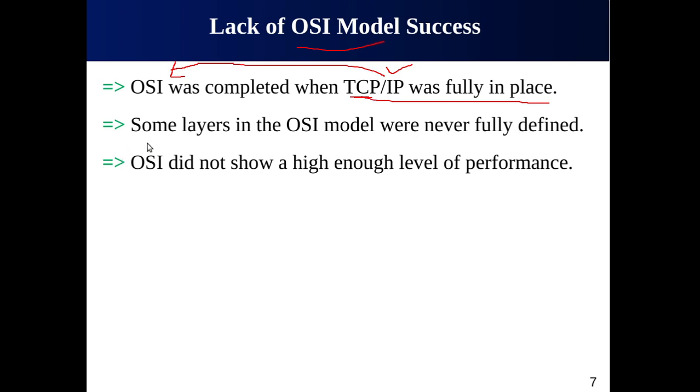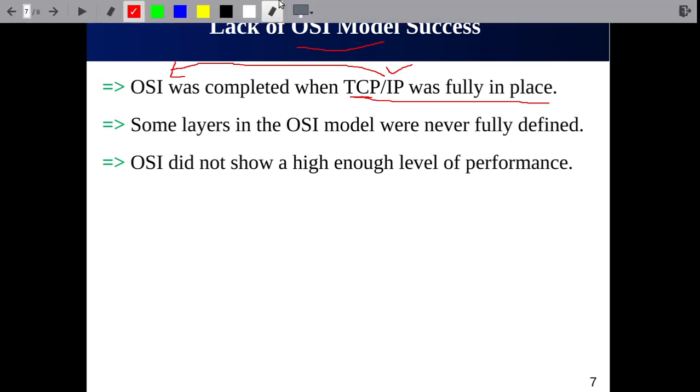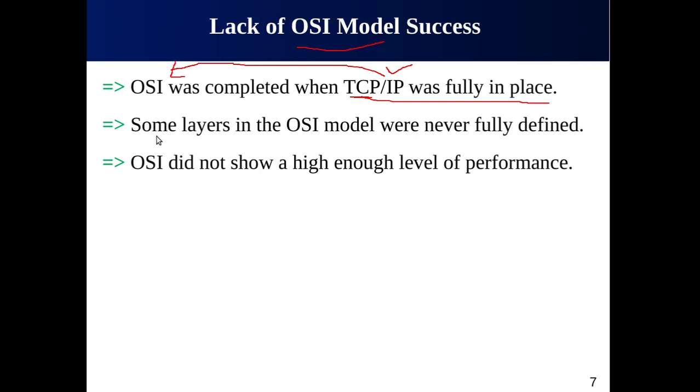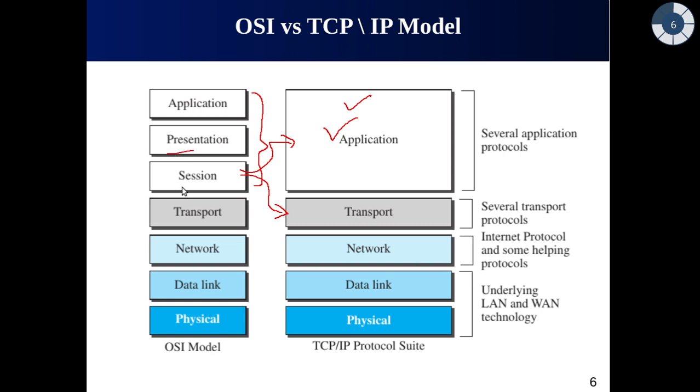There is another reason for not implementing the OSI model, and that is that some layers in the OSI model were never fully defined, like the presentation and session layers. We saw that the presentation layer is responsible for encryption, decryption, and compression for security purposes, but other responsibilities were not clearly defined.